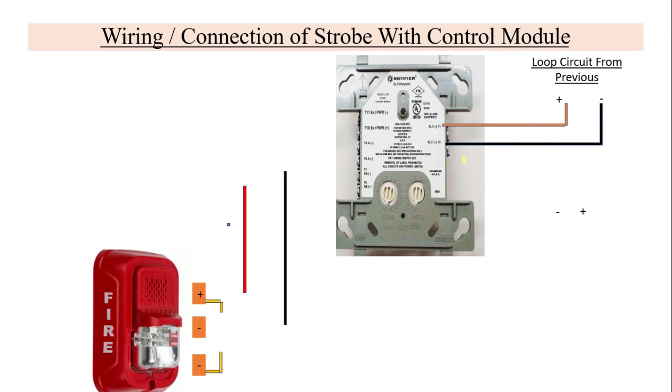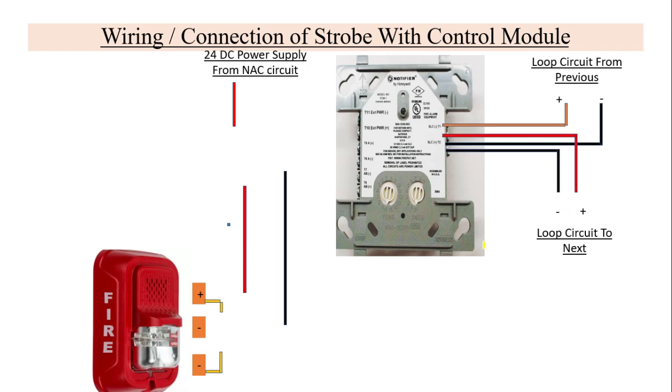This is the loop circuit, and from it we can again take a wire loop, and this will connect to the next device. It could be a control module, a detector, another type of module, or an MCP. This is the loop circuit, and it again goes back to the fire alarm control panel.